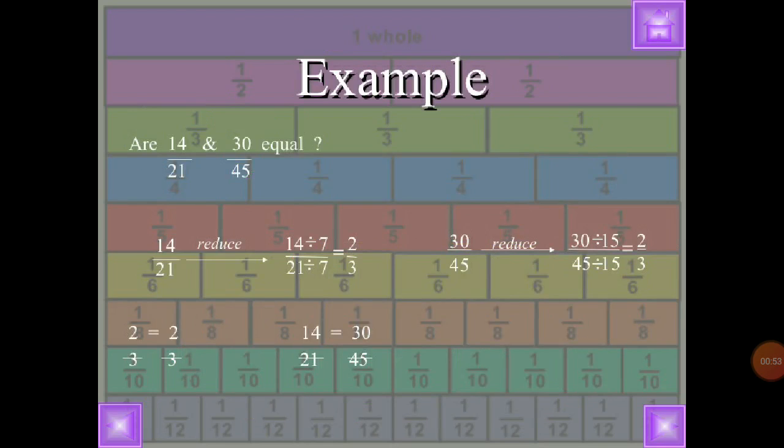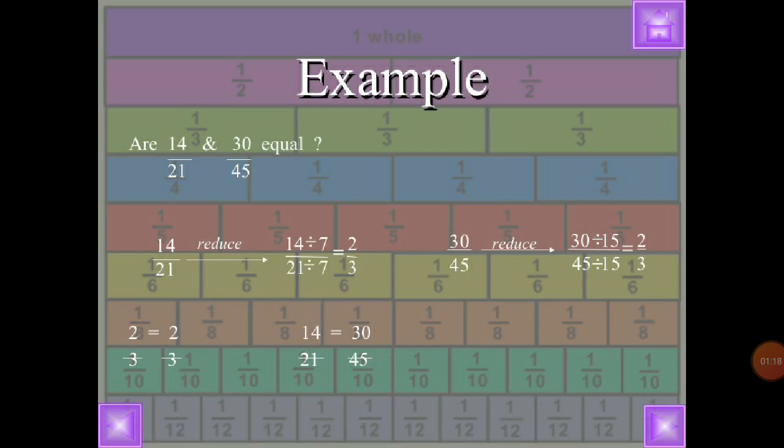Now the example is: are 14 by 21 and 30 upon 45 equal? 14 by 21 will be reduced to its lowest form. If we divide it by 7, the answer is 2 by 3.